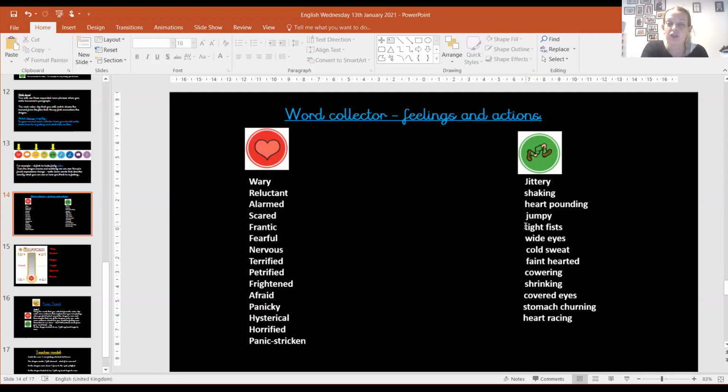You might have tight fists or clammy hands. That's one of our words from our whole class reading yesterday. You might feel jumpy. Your heart might be pounding. You might shake. Your heart might race, it might go faster, your stomach might churn, or you might feel sick. You might cover your eyes.